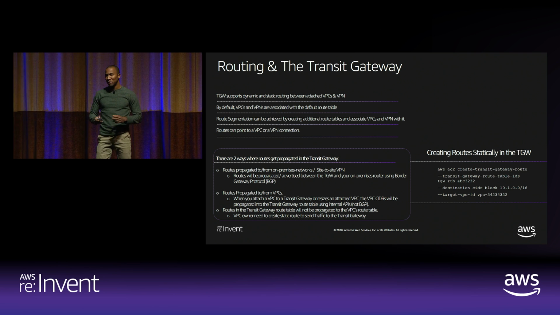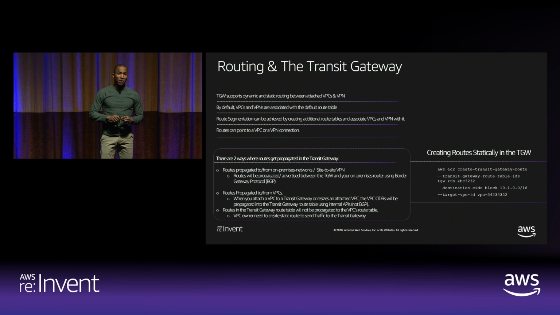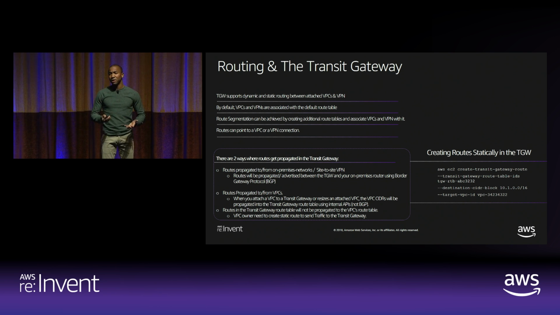OK, so what does routing look like? Earlier, I spoke about one particular use case where I've used my transit gateway as the central layer 3 hub. But can I gain VRF-like, or virtual routing and forwarding, functionality within AWS through the transit gateway? And the answer is yes.